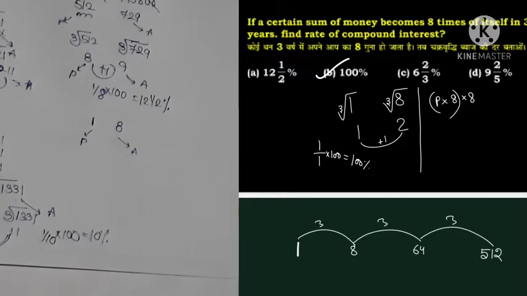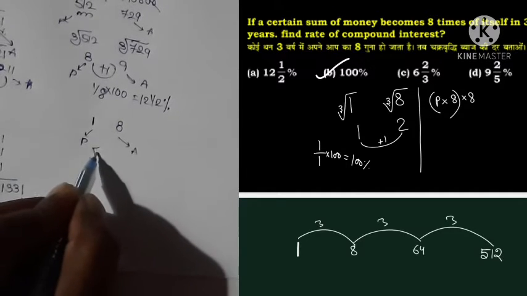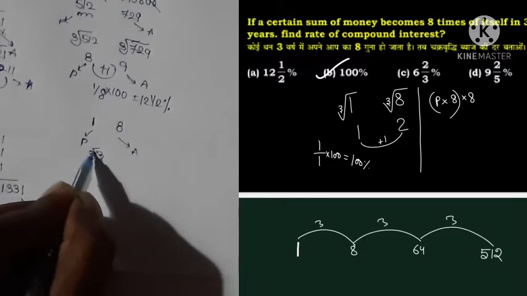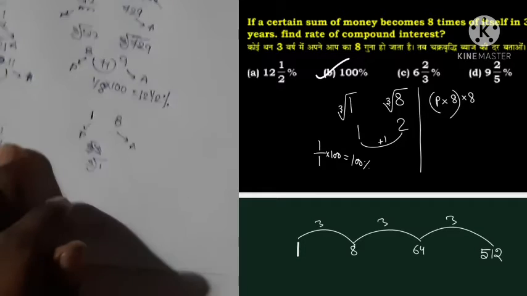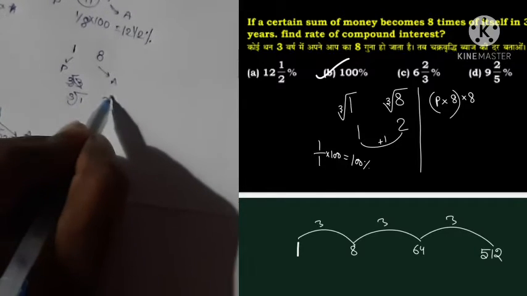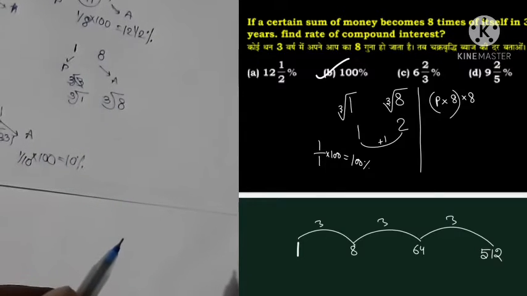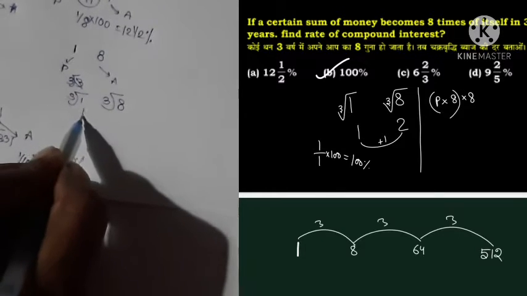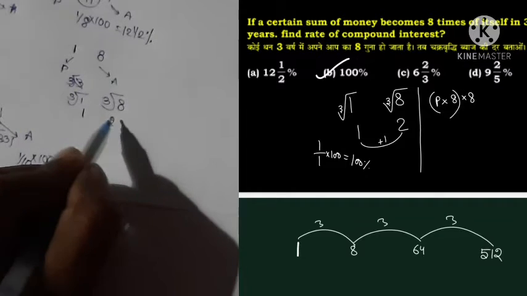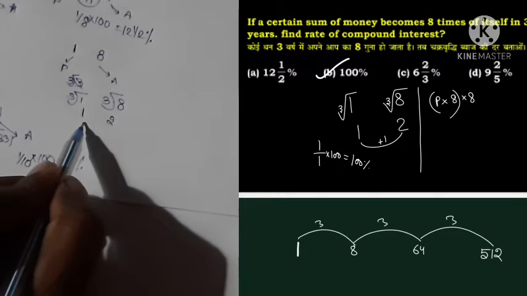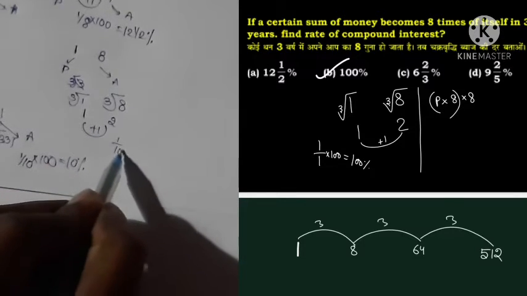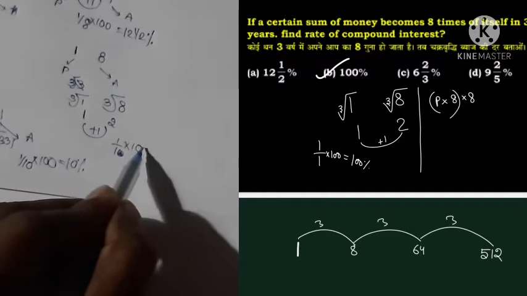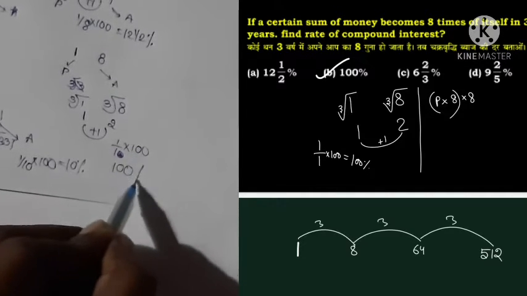So for the first year, they are in the ratio of cube root of 1 and cube root of 8. So cube root of 1 is 1, cube root of 8 is 2. So here the rate of interest is increased by 1, so 1 by 1 into 100. So the value is equal to 100%.